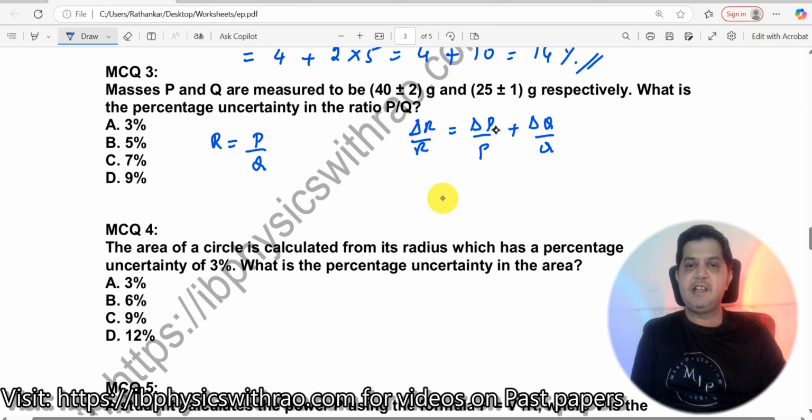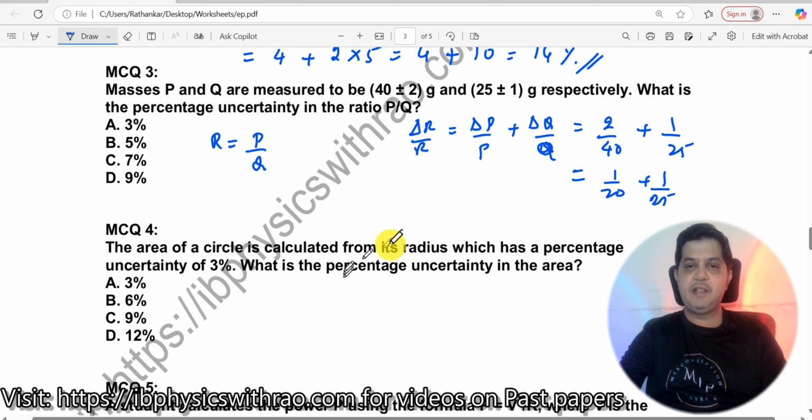So what is delta P by P? Delta P is 2, so this should be 2 by 40 plus delta Q by Q is 1 by 25. So this should be 1 by 20 plus 1 by 25.